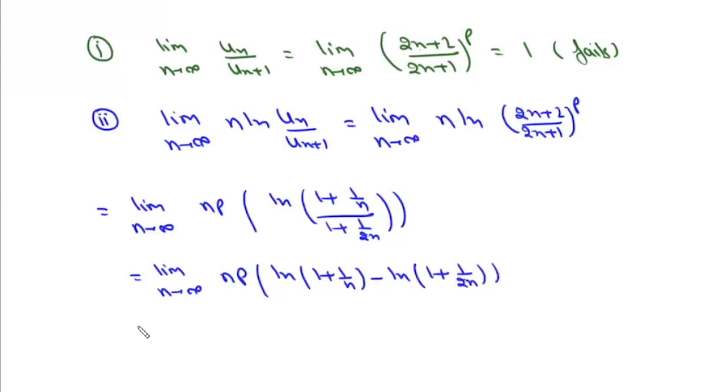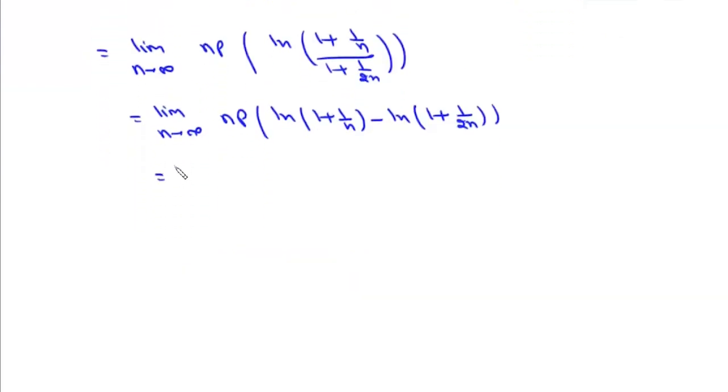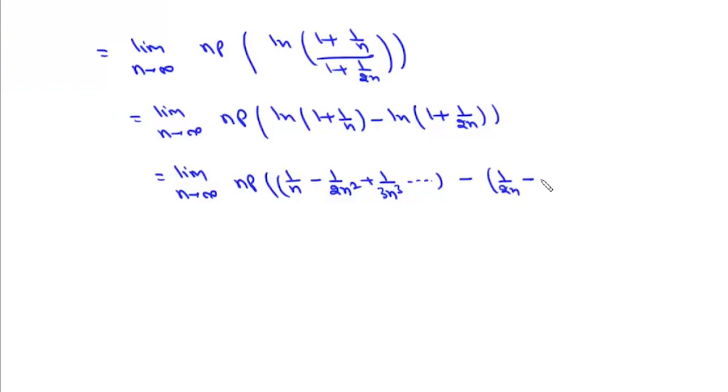Now we'll use series expansion. We can write this as the limit n tends to infinity, n into p. Now this is 1 by n minus 1 by 2n square plus 1 by 3n cube, and here it will be 1 by 2n minus 1 by 8n square, and so on.